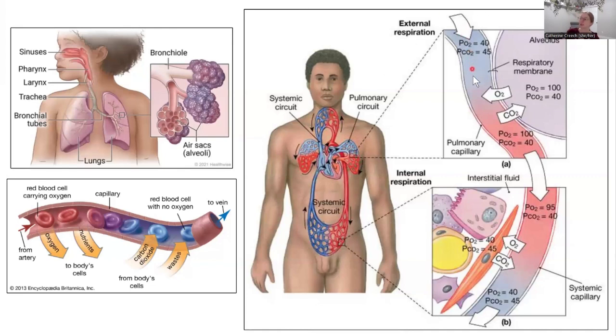So in the tissues, carbon dioxide will enter or leave the bloodstream. Oxygen will enter or leave the bloodstream. And that will continue as your blood moves along its circuit. And then by the time it gets back to the heart, the oxygen has been used. It's been pushed passively into the cells that need it.